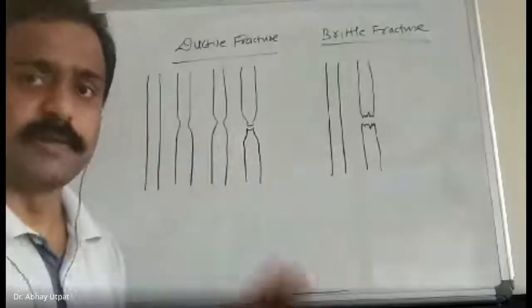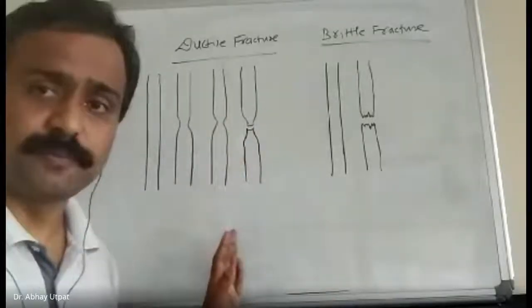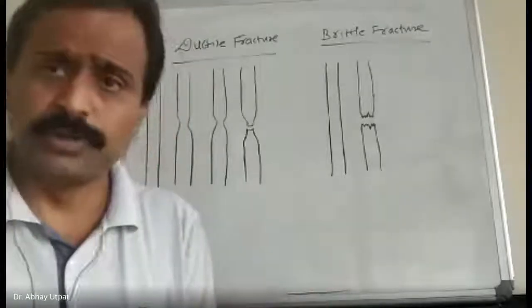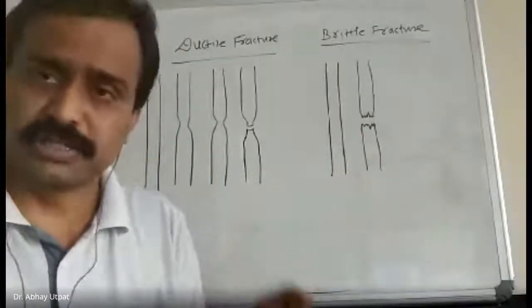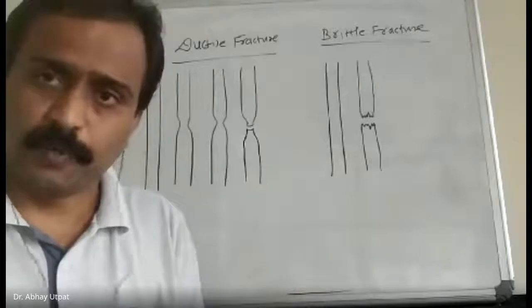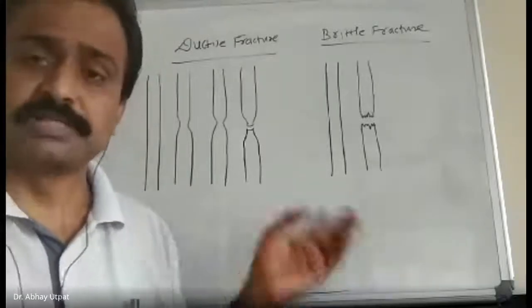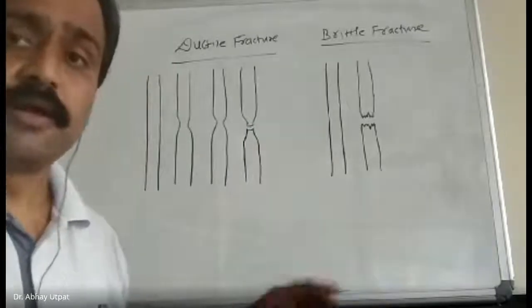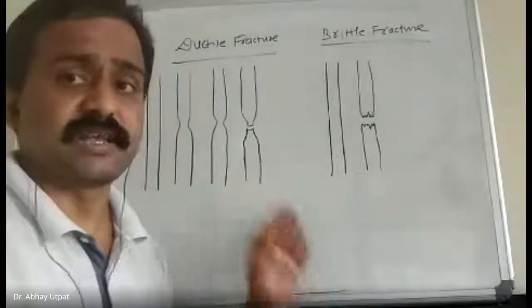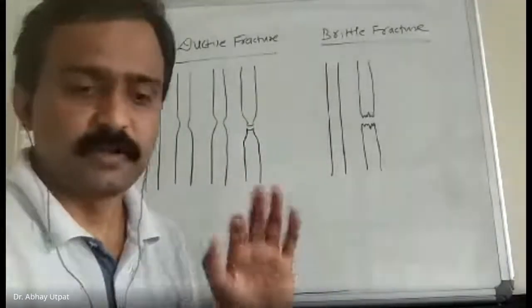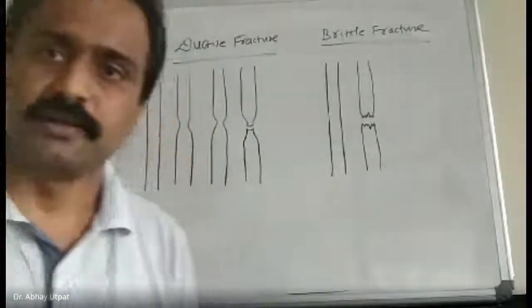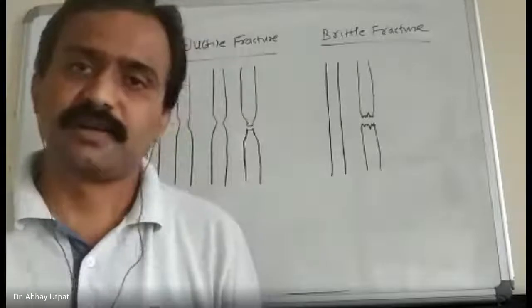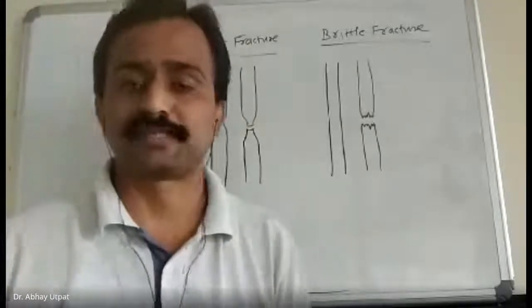For the time being, remember the mechanism of tensile testing, significance of tensile testing, how it is carried out, how stress strain curves are plotted, what the properties of the stress strain curve are, what the difference is in the stress strain curve of ductile material and brittle material, and what the difference is between ductile fracture and brittle fracture. Now logically you say that ductile material shows ductile fracture and brittle material shows brittle fracture.